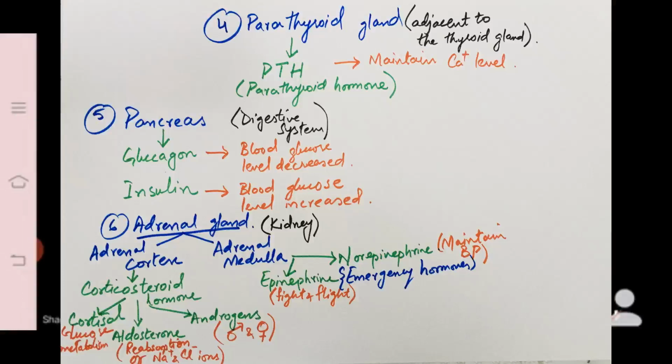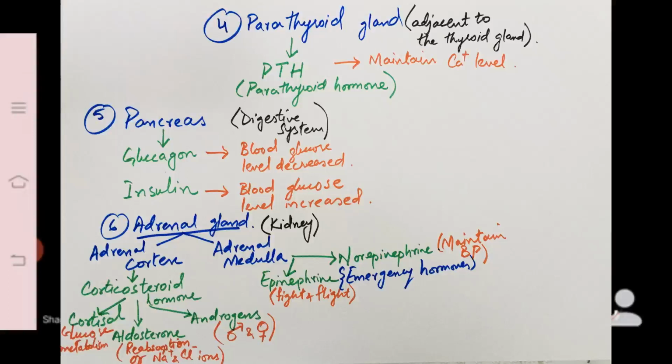In contrast, when your blood glucose level is increased, the insulin will come into action, right? So the pancreas, which is associated with our digestive system, secretes glucagon and insulin. Both regulate the blood glucose level in our body, but glucagon activates when the blood glucose level is decreased, and insulin is activated when the blood glucose level is increased.